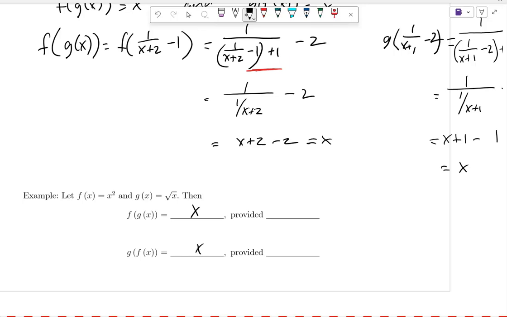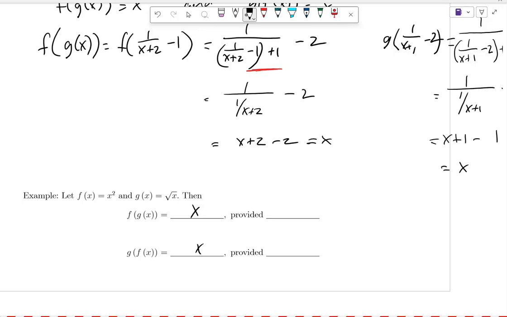The other part is asking you about domain pieces. Okay, so let's look at this. Here, where does this x go into in the first part? Does it go into the squaring first or the square root first? Square root, right? So what has to be true about this x if it's going to go into the square root?